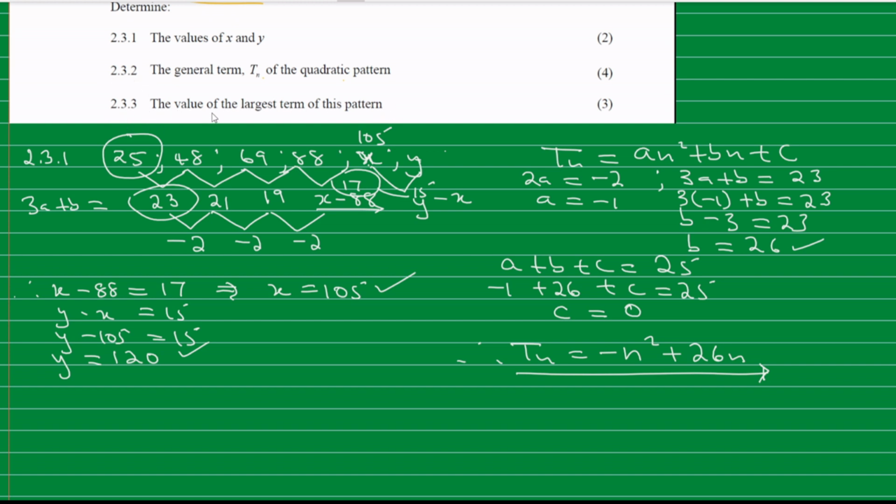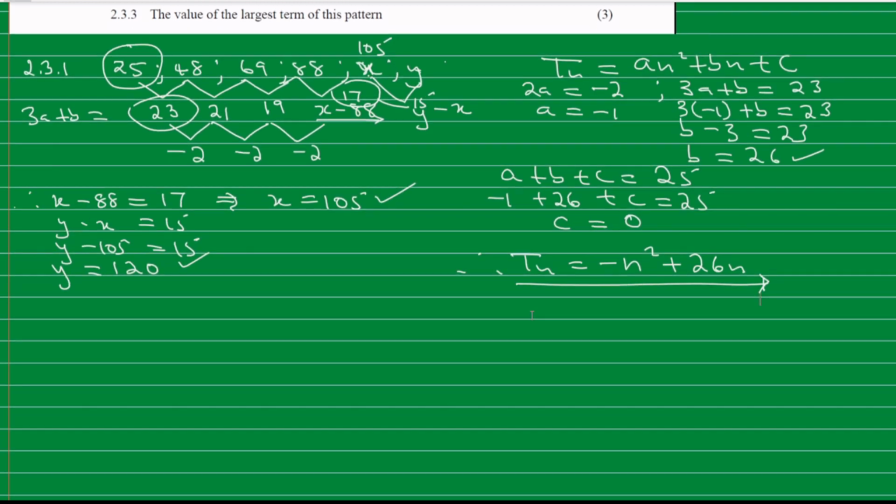Determine the value of the largest term of this pattern. To answer that question, there are two approaches that we can use. The first one is we can use differential calculus.